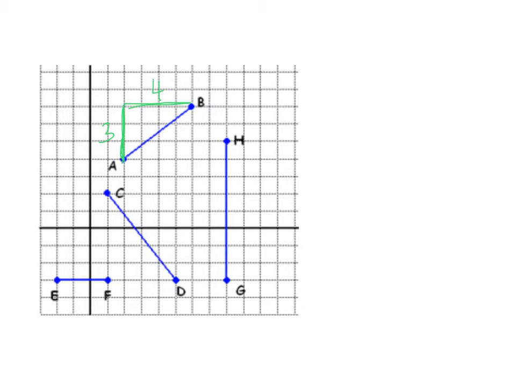So the slope of AB, M, remember M represents slope, is, oops, not 4 over 3, 3 over 4, which equals 0.75. That's the slope of AB.